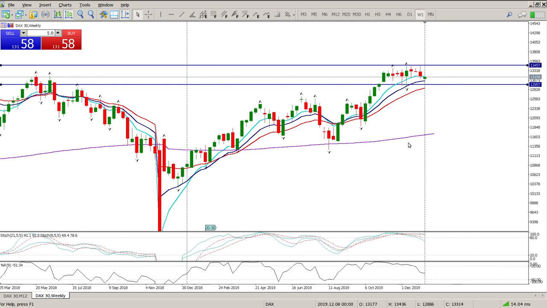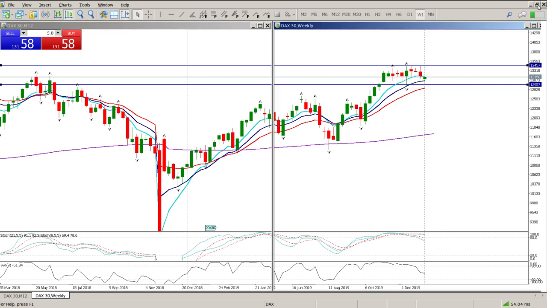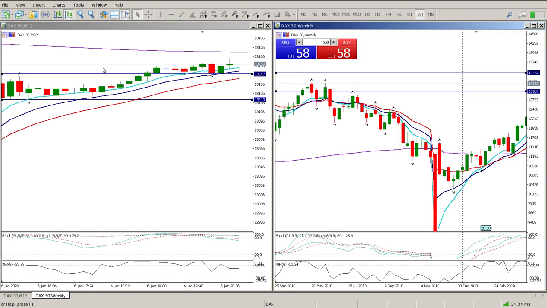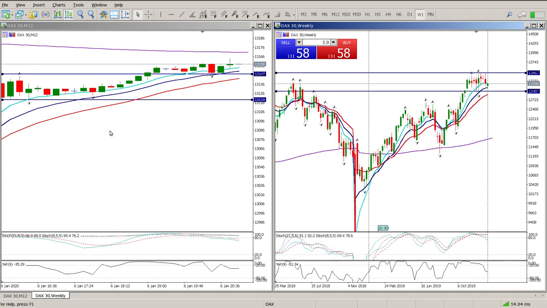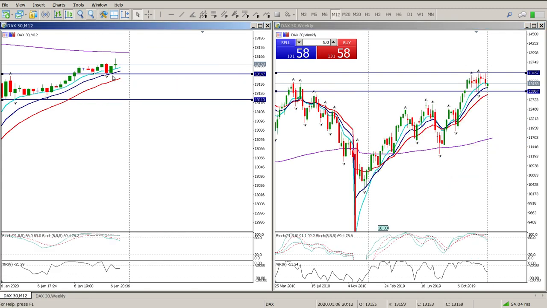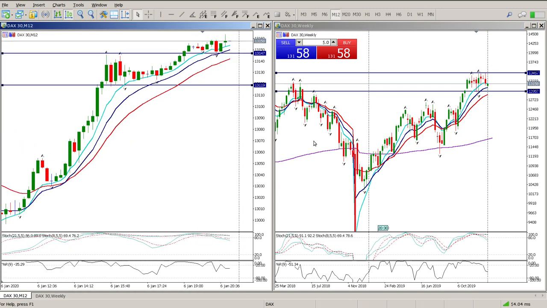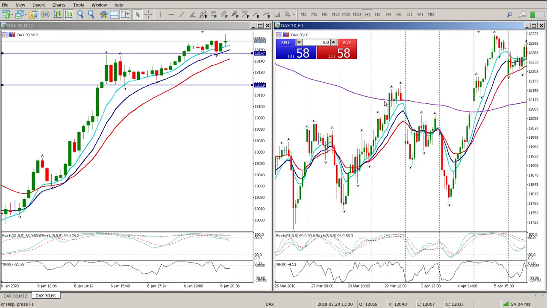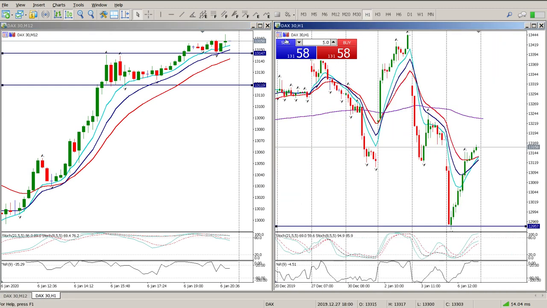Okay, so anyway, that's my view for today. I'm looking at trading to the upside and trade the range.